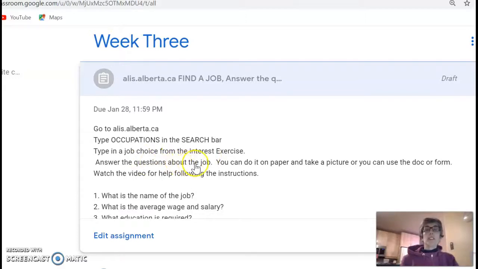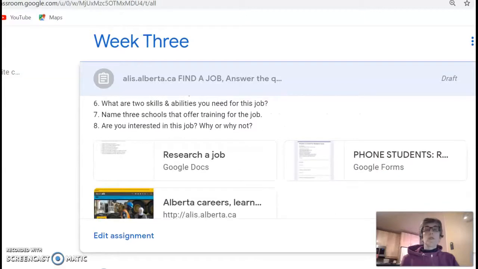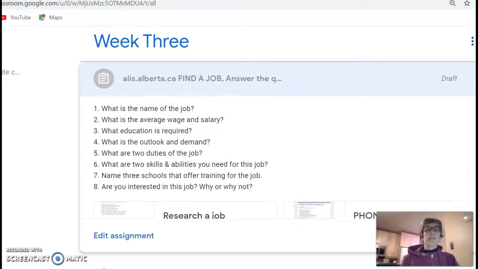Answer the following questions about the job. So I recommend that you do it on paper. You can take a picture and send it to me. That will be easier than typing it up. But you can also use the 2 documents that I had attached for writing down your information.